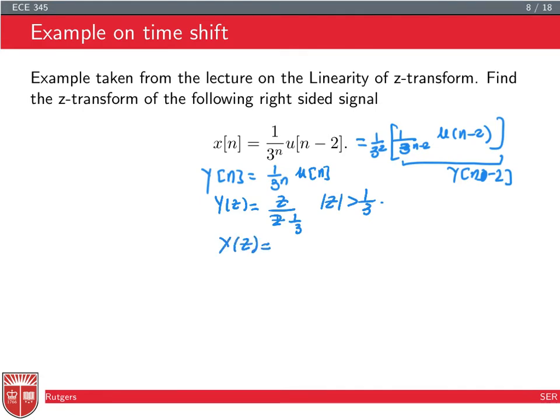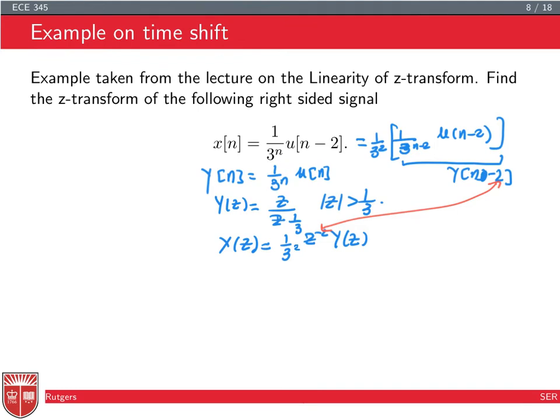By linearity, I know that X of z is 1/3 squared times the z transform of y of n minus 2, which is z to the power minus 2 times Y of z. The minus 2 here is coming from the shift. Instead of being 1 over 3, this should be 1 over 3 squared.